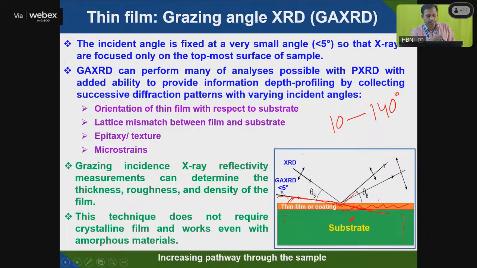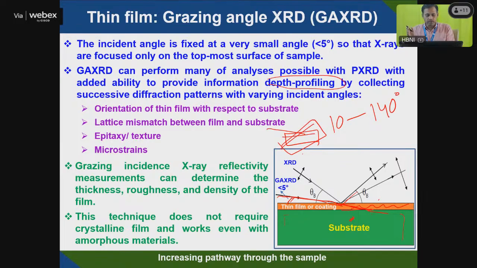GA-XRD can perform many of the analyses possible with PXRD, with the added ability of depth profiling. So mainly from the top surface you will get the information. Your thin film sample can be slightly oriented: if you have a sample mounted here, you can rotate the sample like this.